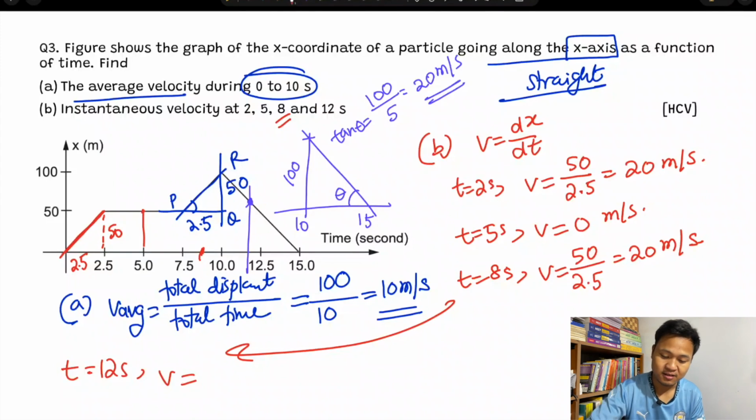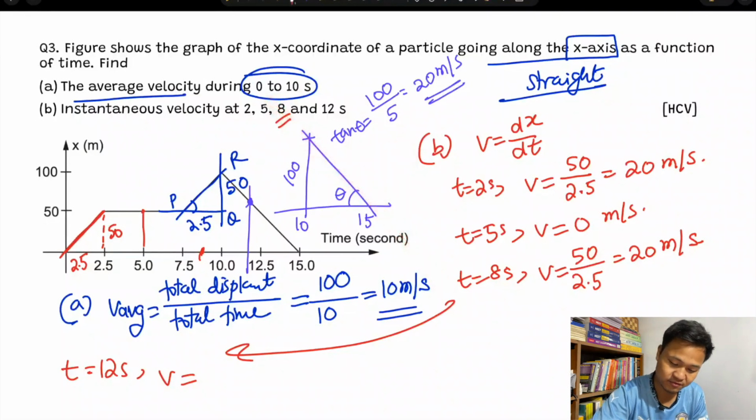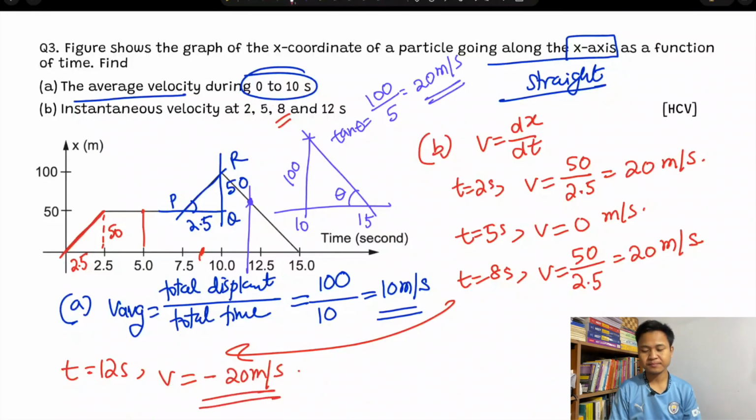One thing, basic maths: positive slope and negative slope. So here you see the line is tilted towards the left side, so that means it is a negative slope. Okay, so it is a negative slope because it makes an angle greater than 90 with the x-axis. Therefore the velocity will be minus how much? 20 meter per second.